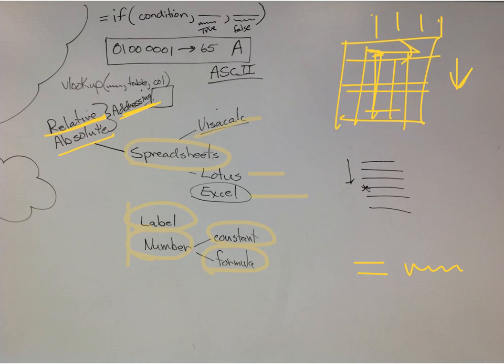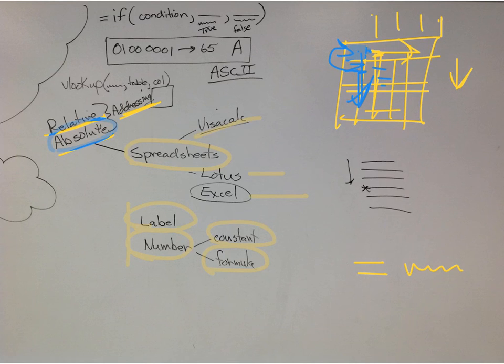Now if you have a value, let's just say we have a value right here, and we don't want it to change, then we can use absolute addressing. So then when you copy it down, you know, some formula here that gets copied down, it will reference that number and change the other things. Makes way more sense when you see it done in class.